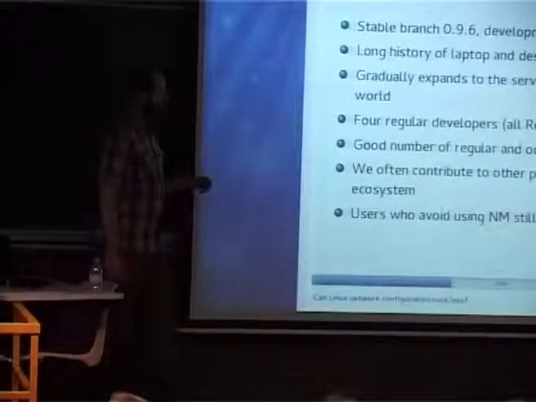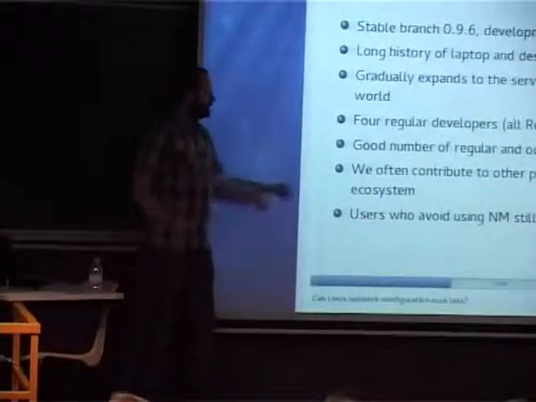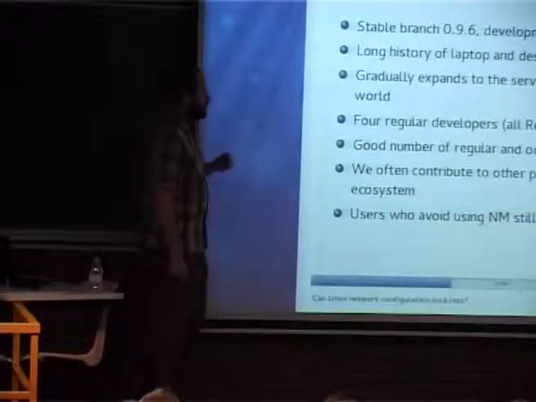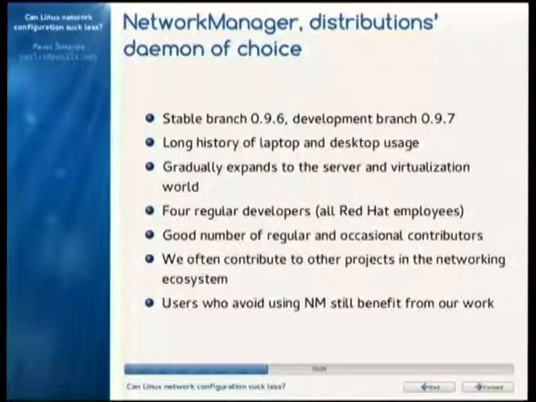By we, I mean the 4 regulars. We contribute to other projects related to networking. So currently, I think Dan Williams mostly contributes to the kernel. I am currently trying to contribute to glibc, which we don't directly use, but we often get some bugs that end up being just glibc. And we are trying to work more with other people in the ecosystem.